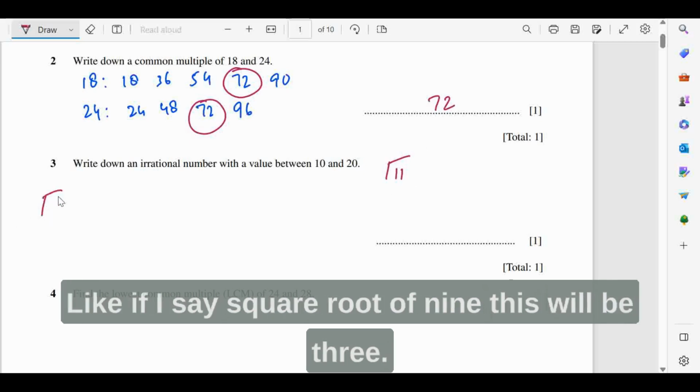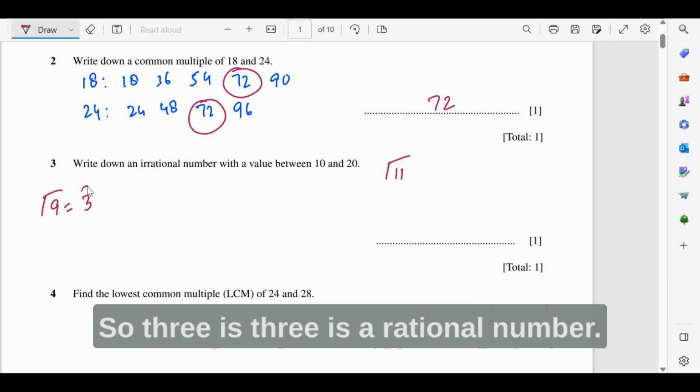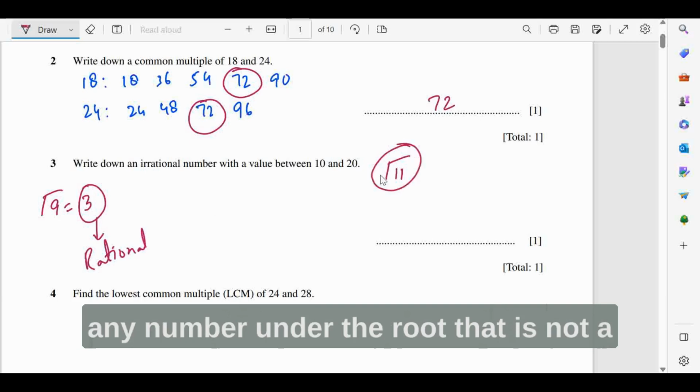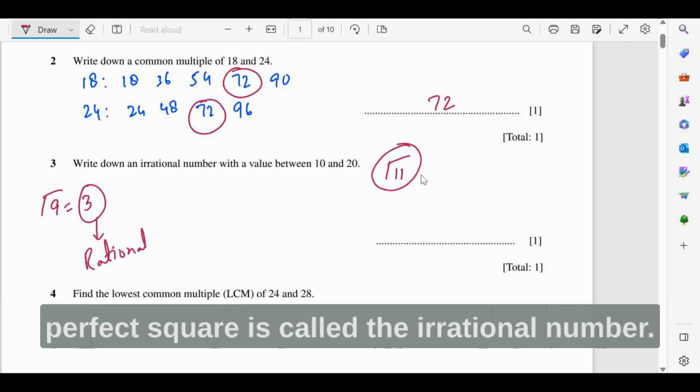Like if I say square root of 9, this will be 3, so 3 is a rational number. But here, if they ask for an irrational number, any number under the root that is not a perfect square is called an irrational number.